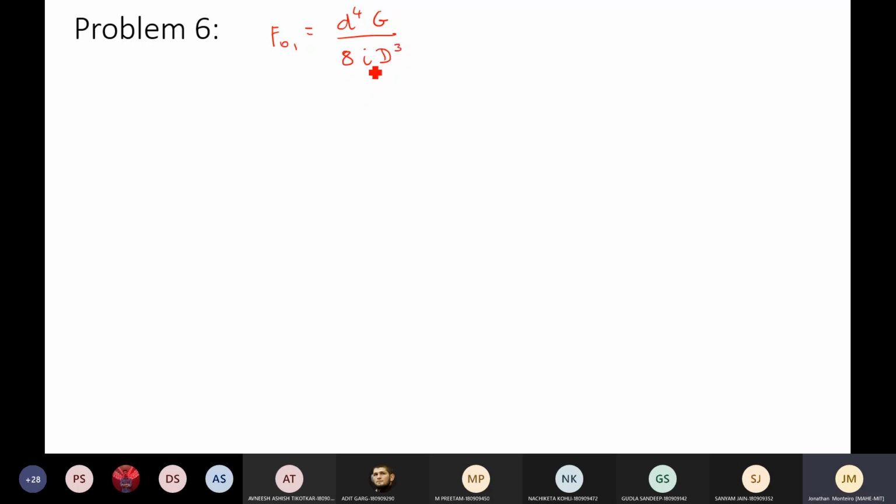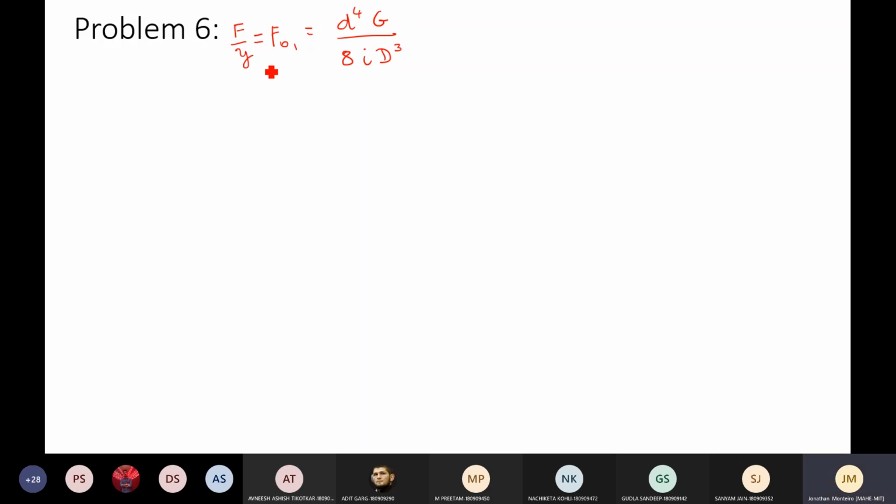This is nothing but F by Y. The deflection equation which we derived in the previous classes, we have just taken that F and Y component separately and declared that as the stiffness equation.